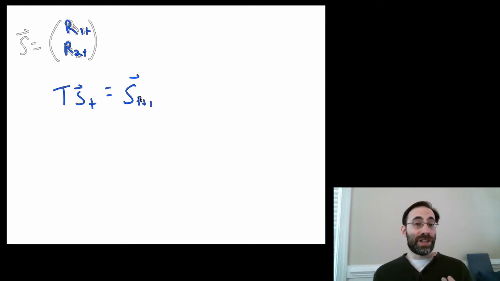This is a way of transitioning a system between the number of armies it has at time t and the number of armies each country has at time t plus 1. And if you keep applying this matrix over and over again, you can move the system along in a dynamical fashion. Right? And this is sort of a simple way of talking about dynamical systems. Dynamical systems are systems that change dynamically.